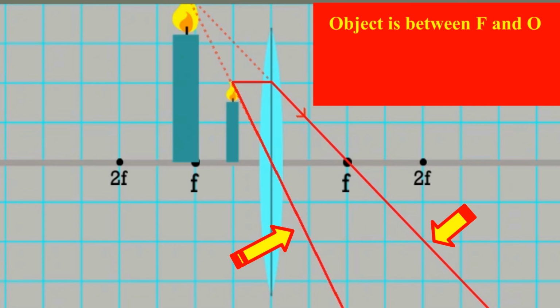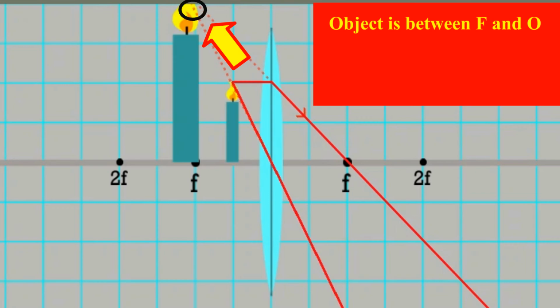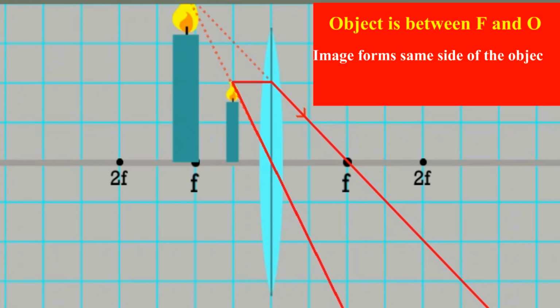So when you extend them back, these light rays meet here. That means the light rays appear to be meeting at this point. That means it is a virtual image, because the light rays are not really meeting at this point. So this image is known as a virtual image.